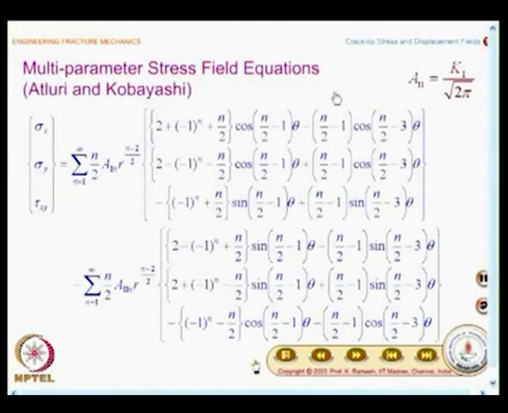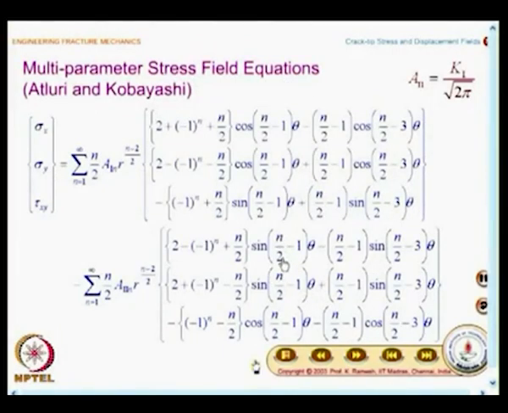The advantage of such an expression is it is easy to write computer software which would take as many terms as possible for data processing. And in these solutions, if you take as many terms as possible, it closely models the stress field.